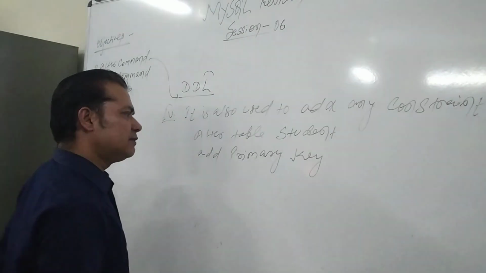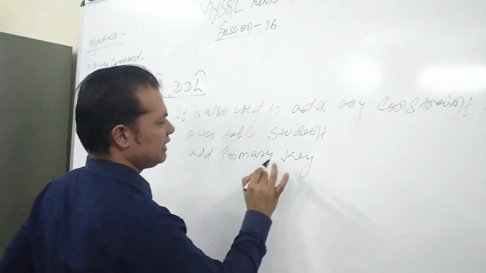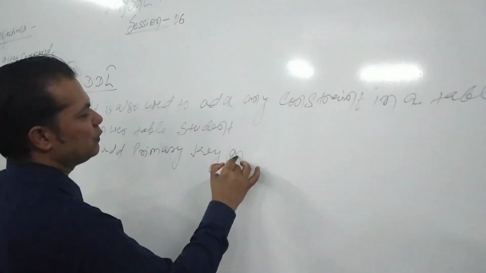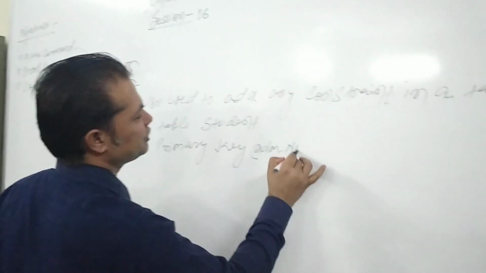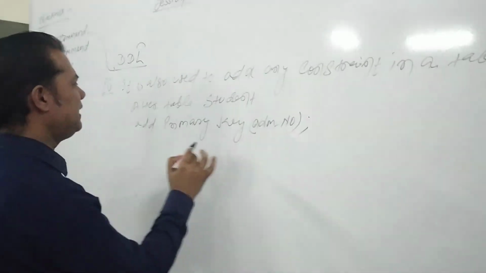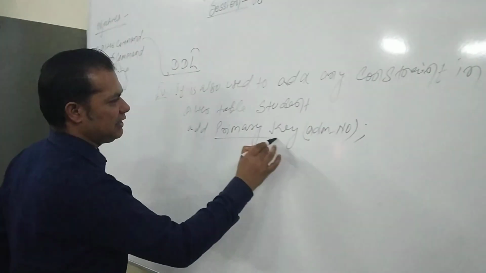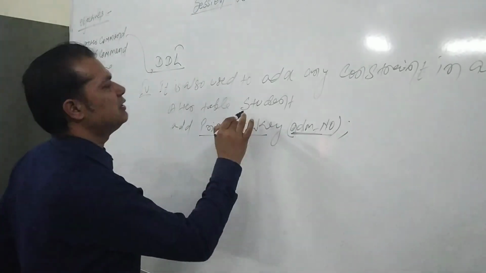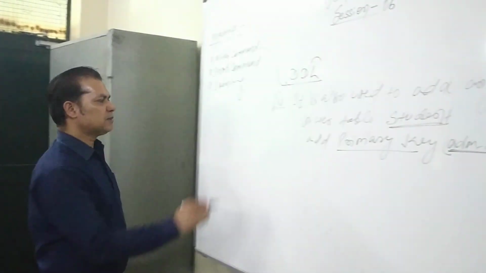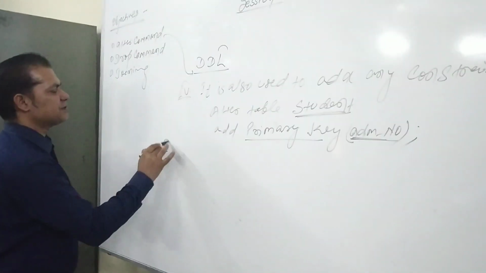Primary key is two words. Write primary, space, key, and then put the field name that you want to make primary, that is admission number. This command will simply create a constraint primary key on the field admission number in the table student. So this was the fourth purpose of the alter command, and the fifth and the last.